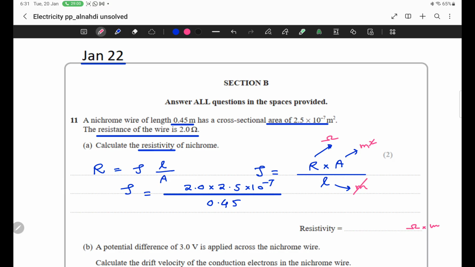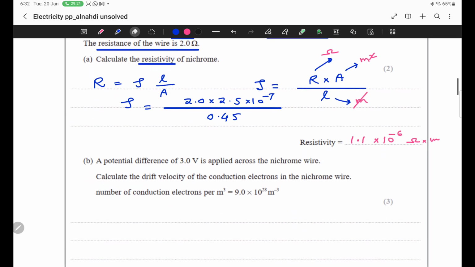Okay, all the given numbers are in two significant figures, so I should write only 1.1. Okay, this is the resistivity.